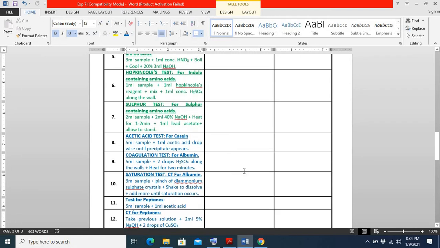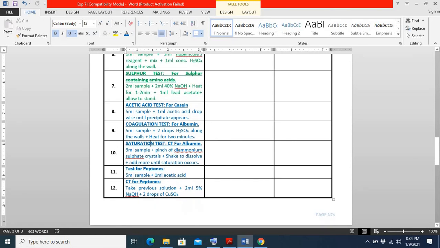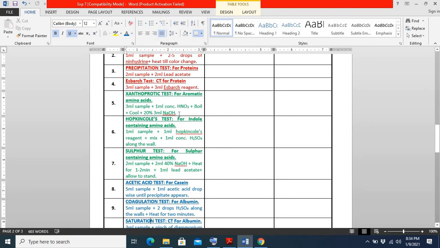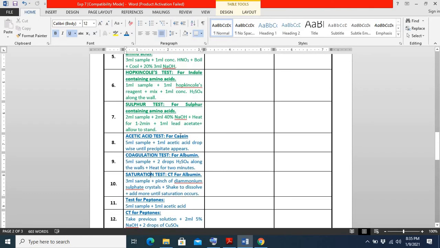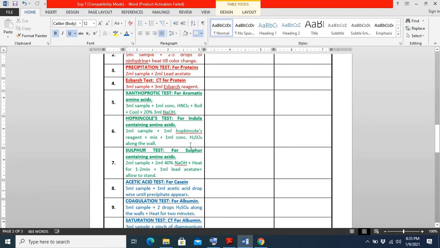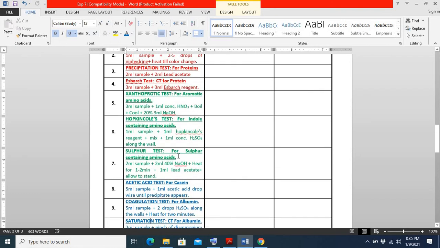For example, some types of amino acid are found abundantly in casein, some particular type of amino acid is found abundantly in albumin, and some particular type is found abundantly in peptone. So the identification of a particular class of amino acid helps us find out the particular class of protein. I hope you have understood why we need to find out the class of amino acid.